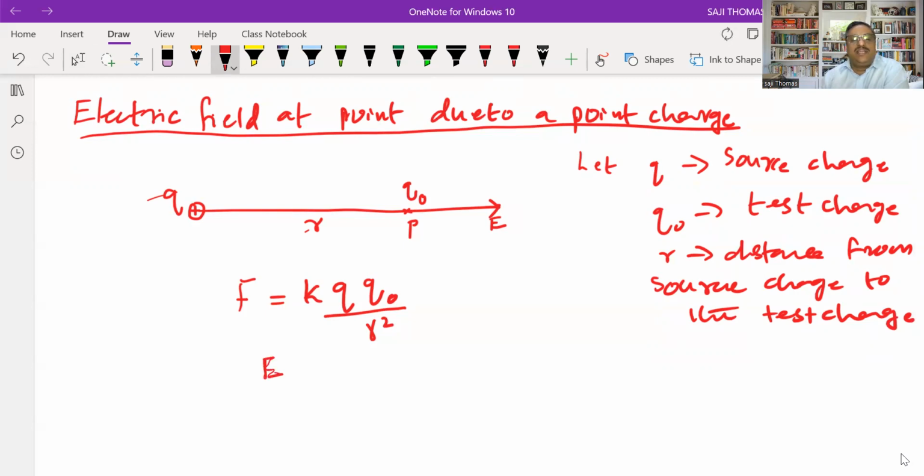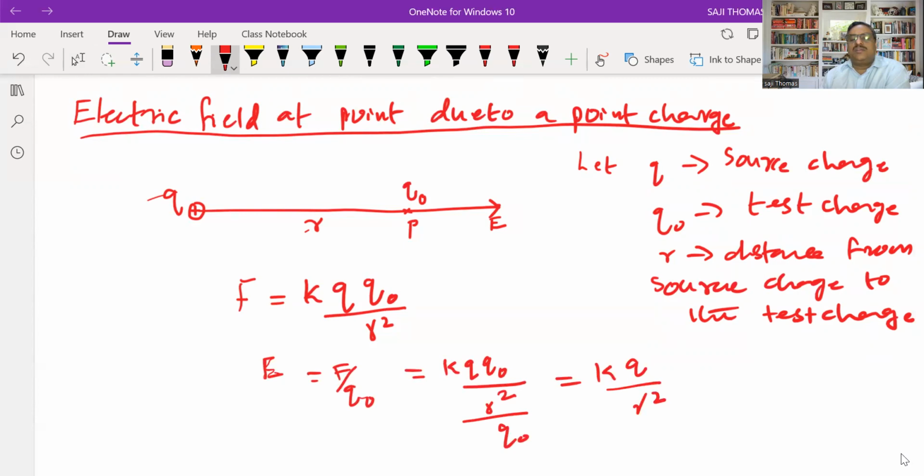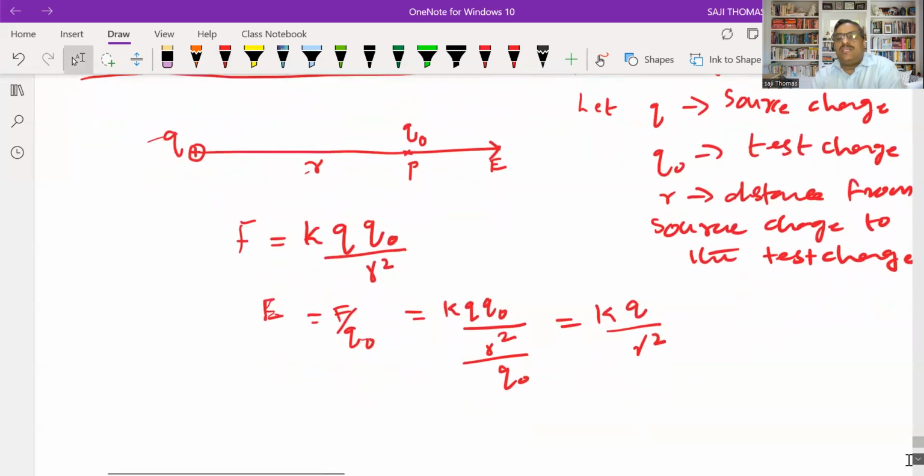E is F by Q0. So what will you get? K Q Q0 by R square, divided by Q0. So you are getting K Q by R square. This is the equation for the electric field intensity at a point due to a point charge.